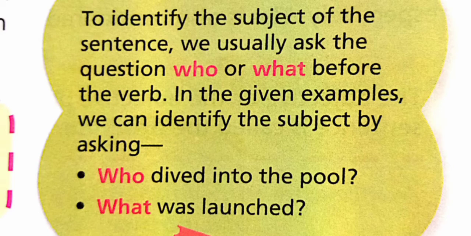In the given examples, we can identify the subject by asking who dived into the pool. The swimmer dived into the pool. What was launched? The spacecraft was launched. So, we are getting the answer for our WH questions. Remember that.